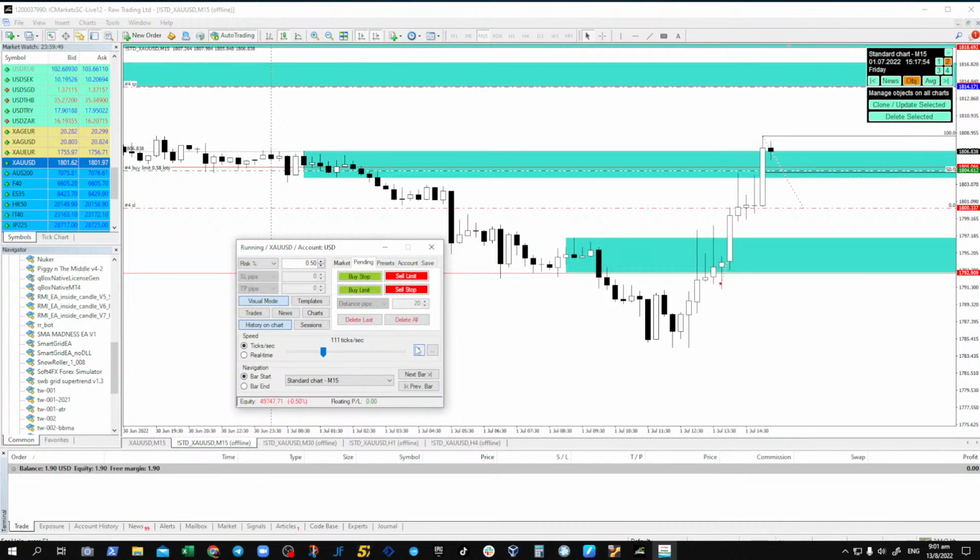If it doesn't take our entry, that's fine. Then we wait for a bullish pin bar to enter.